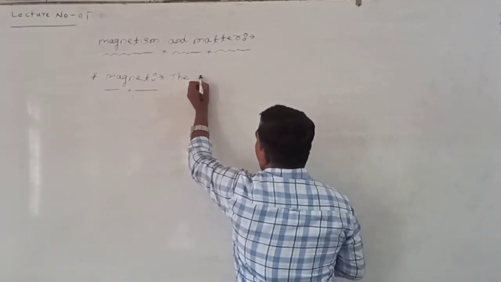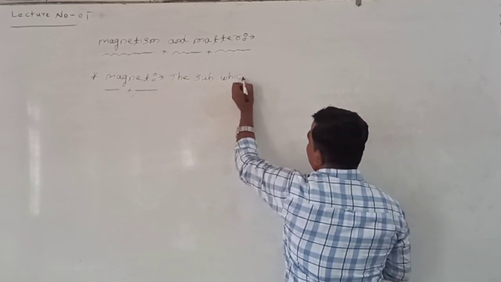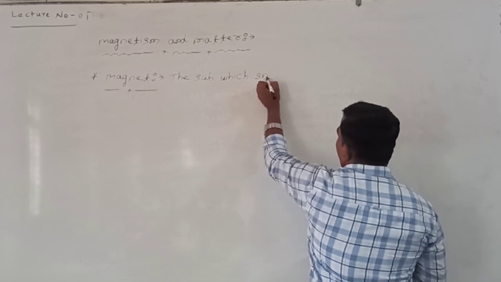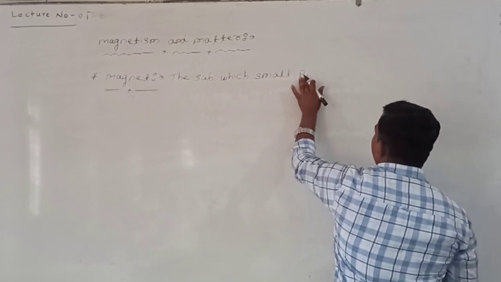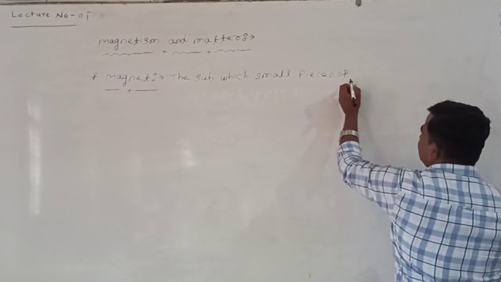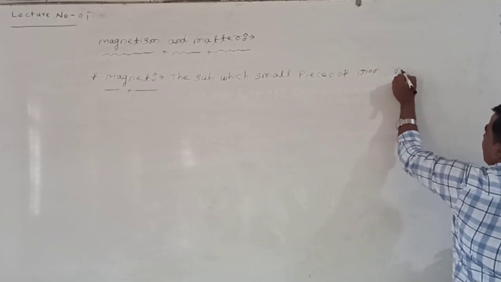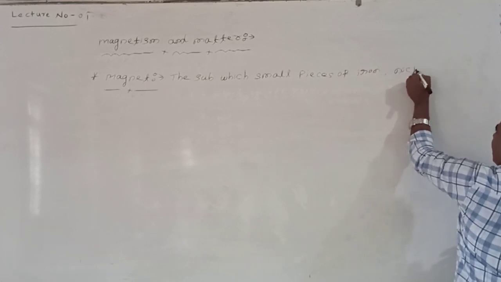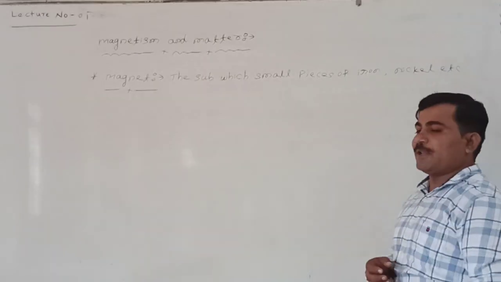See here, simply a magnet means the substance which attracts small pieces of iron, nickel, cobalt, etc. That material we call a magnet.